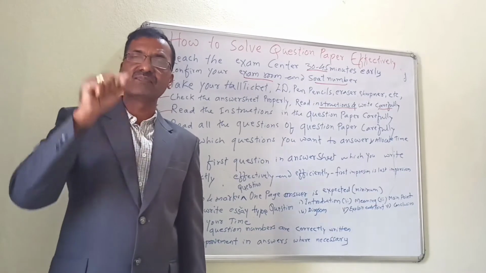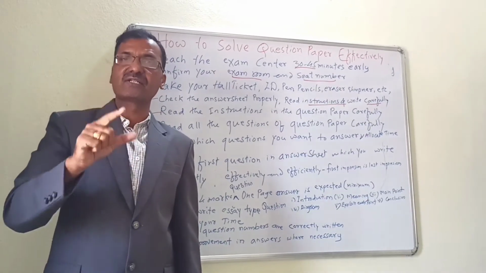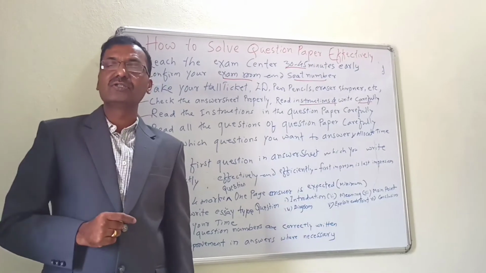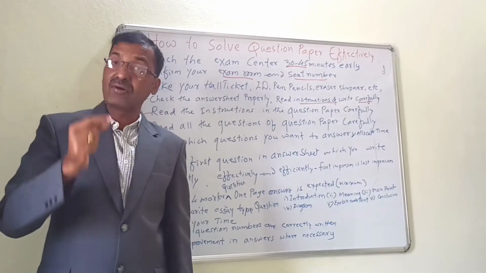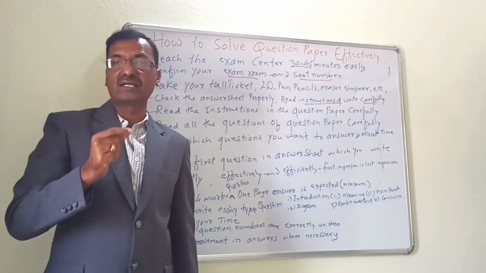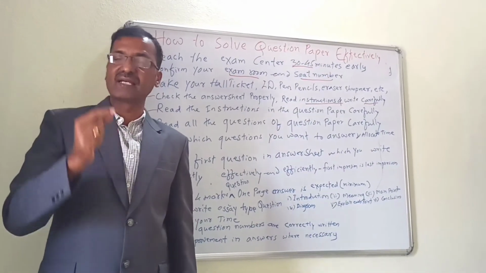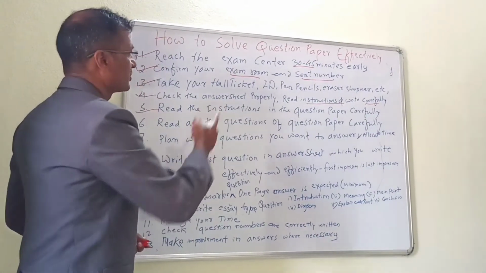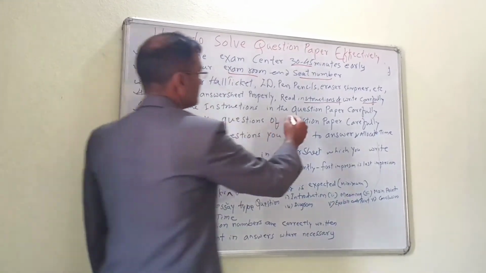That instruction is necessary. And another one: is a calculator allowed or not. If a calculator is allowed, you can use it. If not, you cannot. So read the question paper carefully.